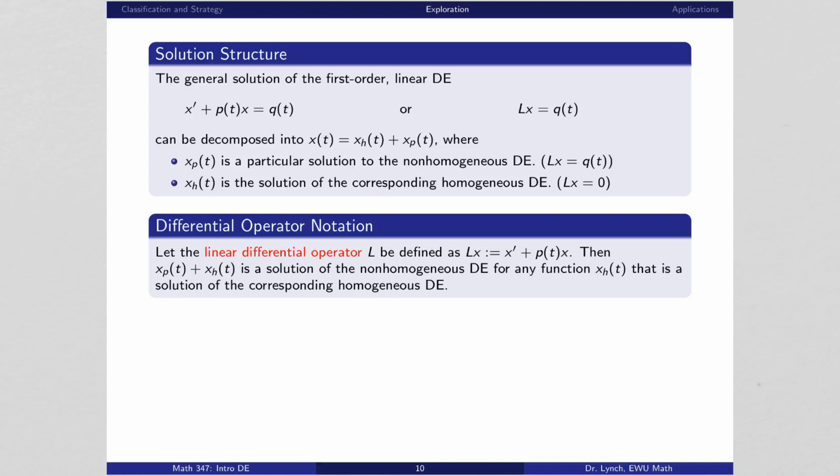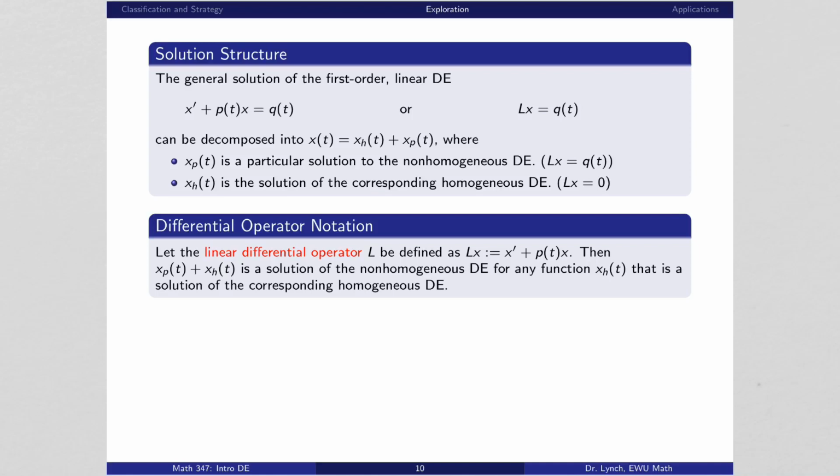In this case, we mix up an unknown function and derivative by writing x prime plus p of t x. It allows us a little shorthand to represent the differential equation. As you see up top, we can represent the differential equation just as Lx equals 0, and we can see the connection between the non-homogeneous differential equation, Lx equals q, and the corresponding homogeneous differential equation, Lx equals 0.